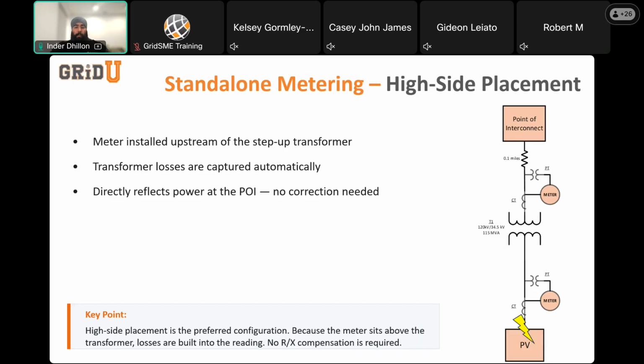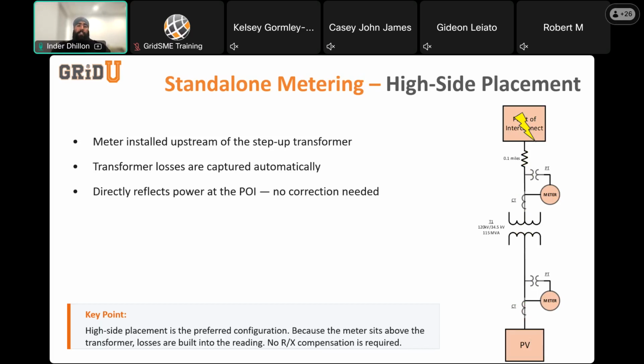And let's talk about why meter placement matters here, because this is one of those things that seems like a detail, but has real implications. When we say high side placement, we mean the meter is installed upstream of the step-up transformer, between the transformer and the grid, at the higher voltage level.